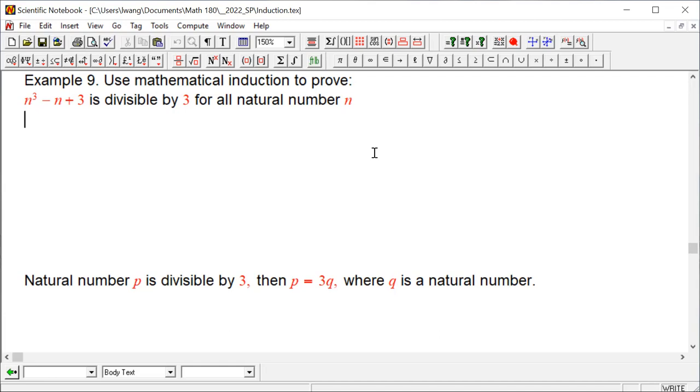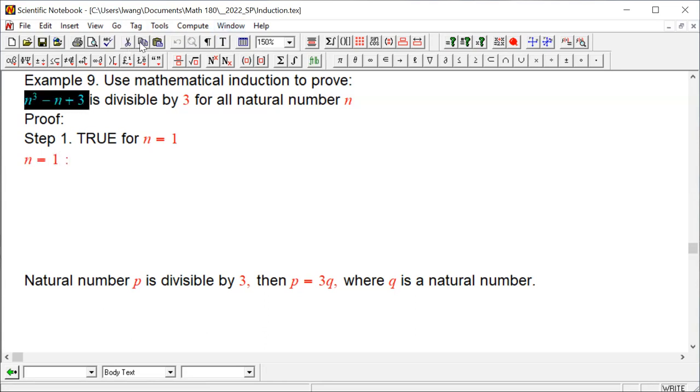Now pretend you're back. Is it true for 1? Step 1: true for n equals 1. When n equals 1, what do we get?